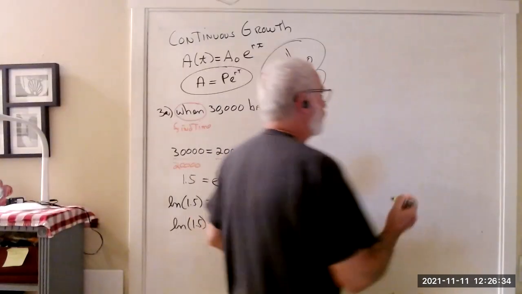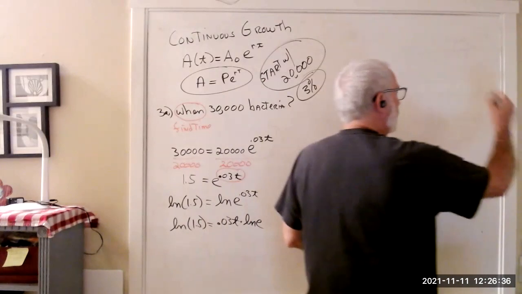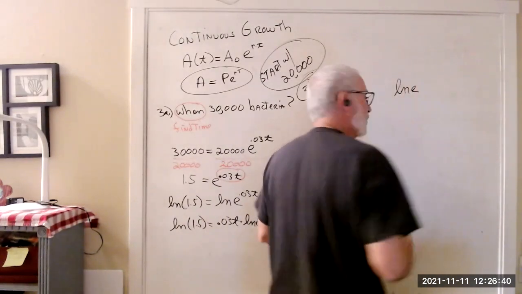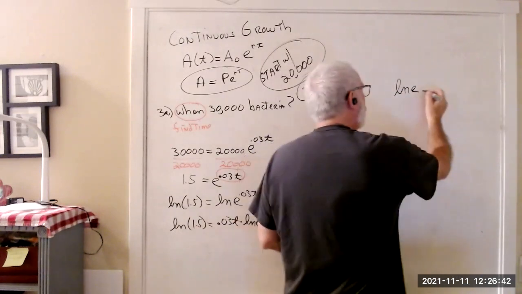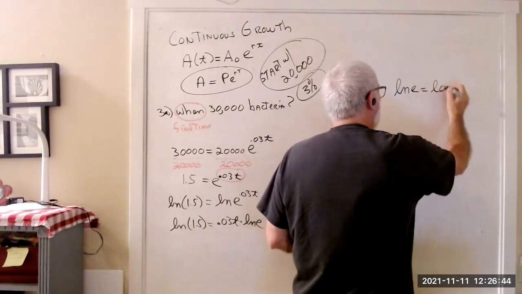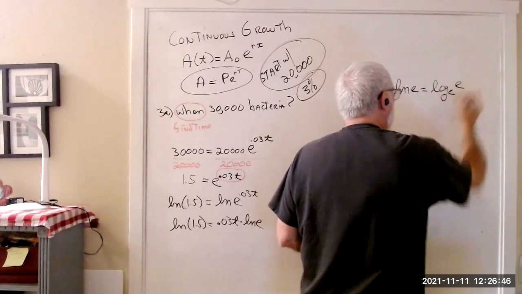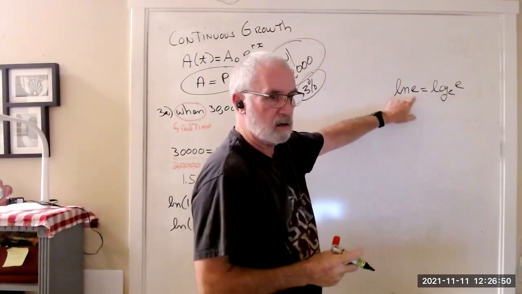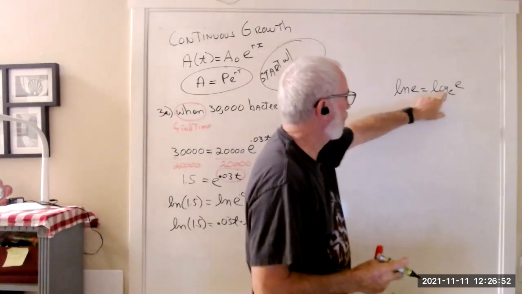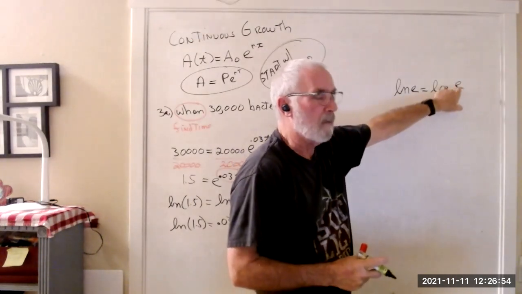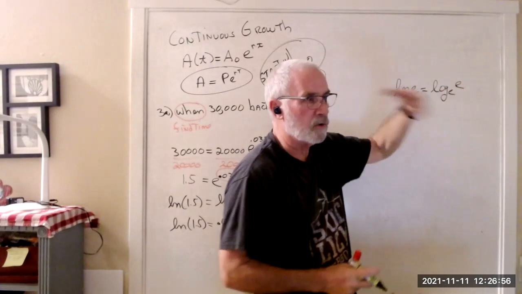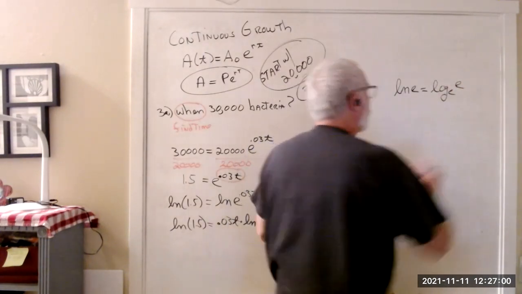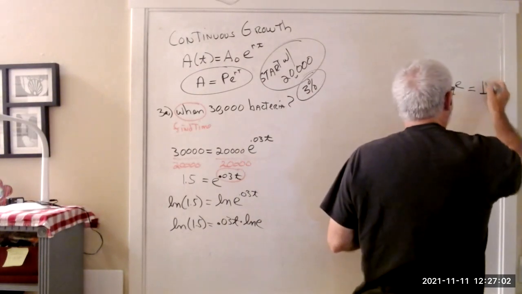Now, I hit upon this yesterday. This is a little aside, put it on the side of your notes. The ln of e stands for the log base e of e. When we write the ln of e, it stands for the log base e of e. But we learned in one of our log laws that the log base e of e is always worth 1.